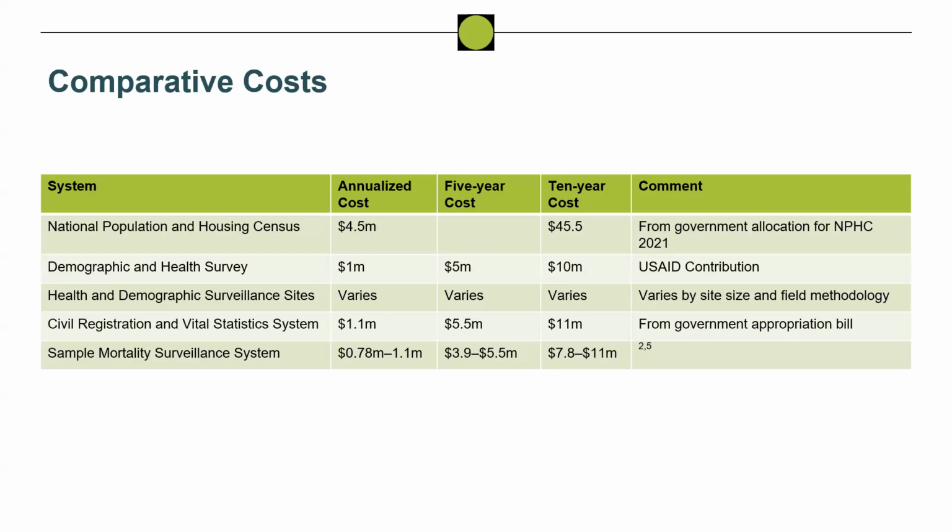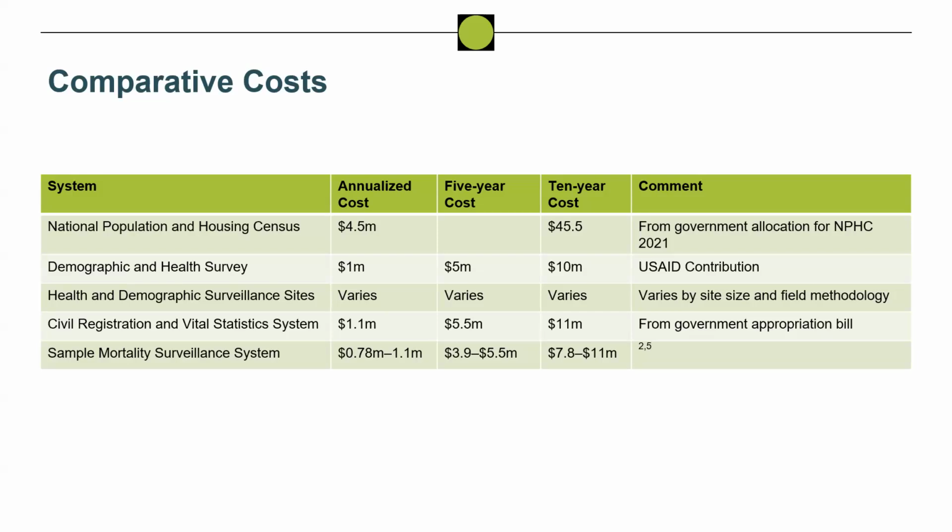What this means is that these values are relatively lower compared to the other surveys that we are currently looking at as a country. If we look at the value proposition, the cost benefits, you realize that we'll get more implementing an SRS compared to investing heavily in some of these things.